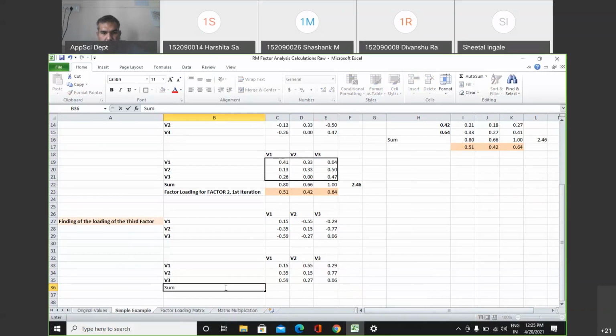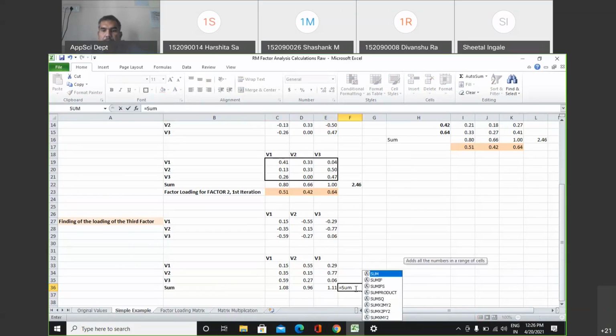Now let us see what happens. Sum equals. Now grand sum. Then the vector loading, initial vector loading, this one divided by square root of this and fix.